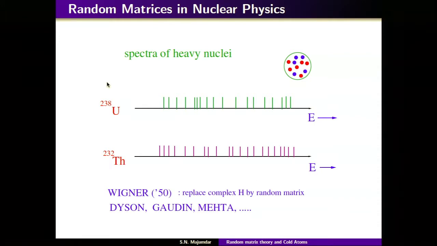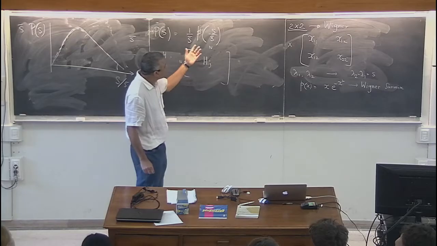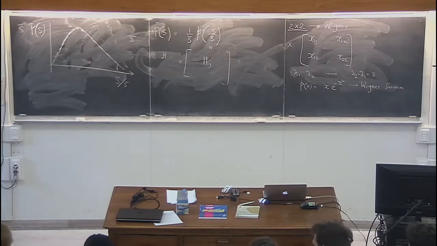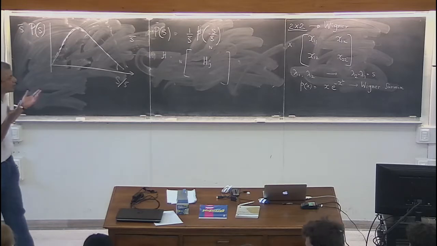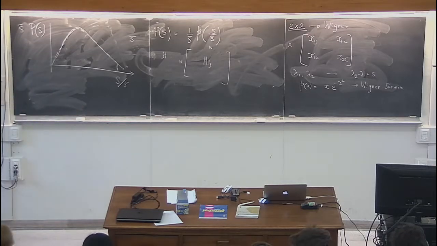The main doctrine of Wigner was precisely that if you have a sufficiently complex system, somehow it becomes simpler. You should be able to describe it with a much simpler description, which is totally random. That's a much better approach than the first principle approach of solving the Schrodinger equation with a complicated Hamiltonian. So this was the main idea of RMT in nuclear physics.